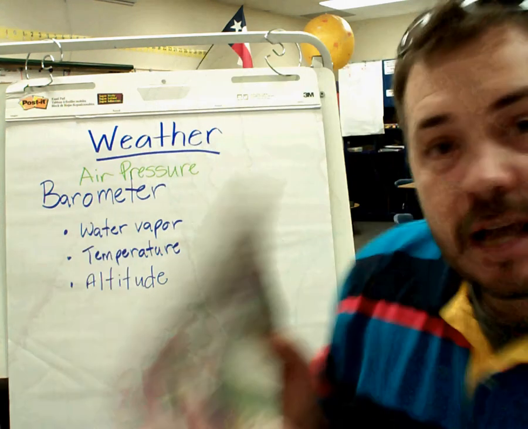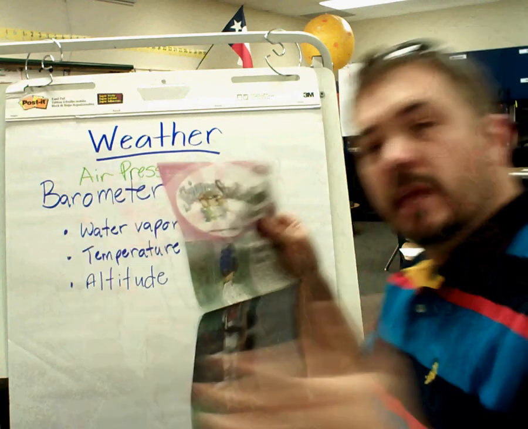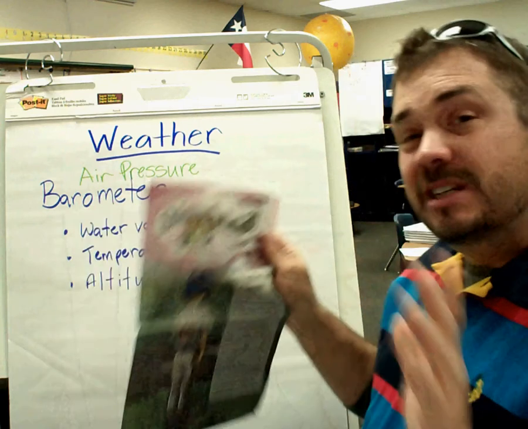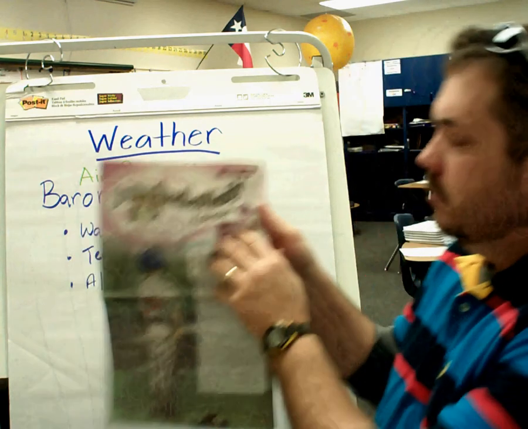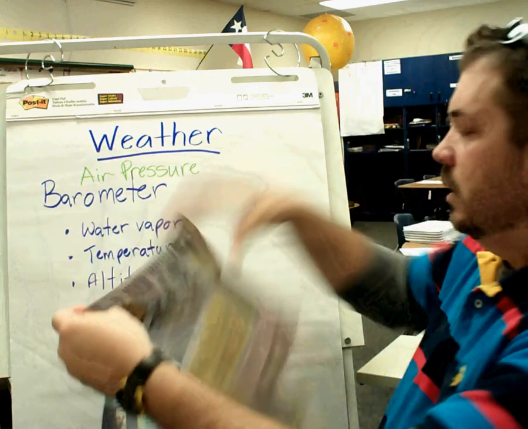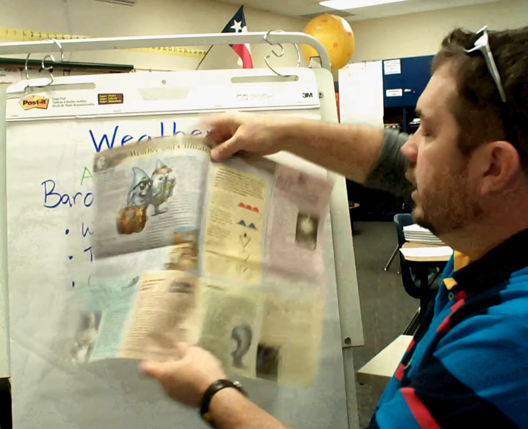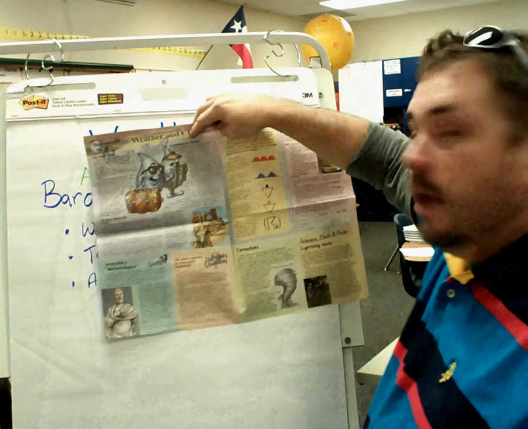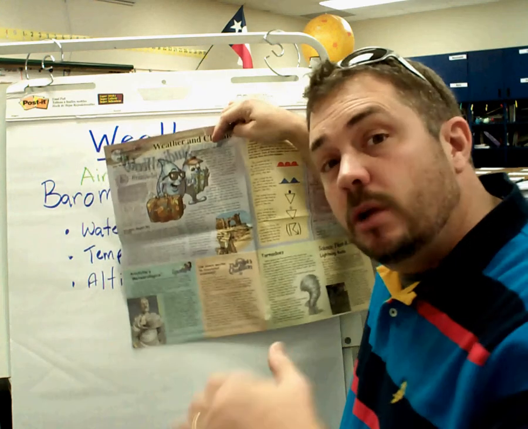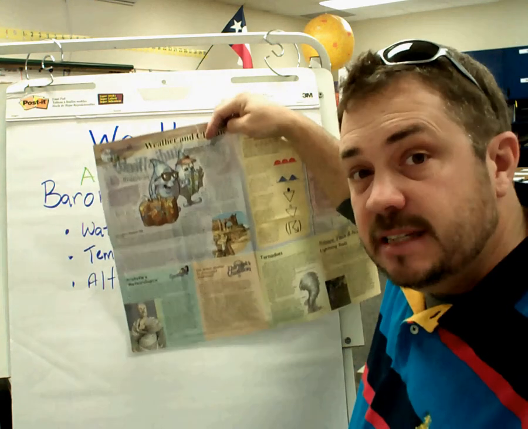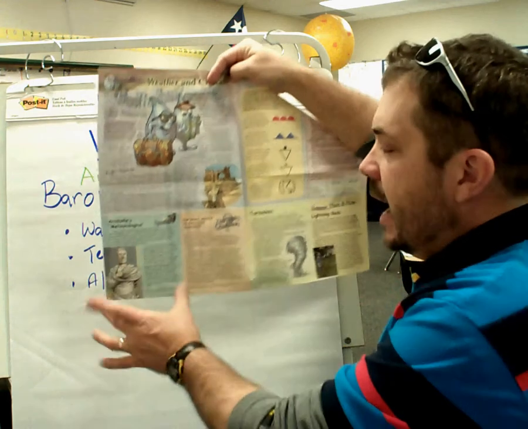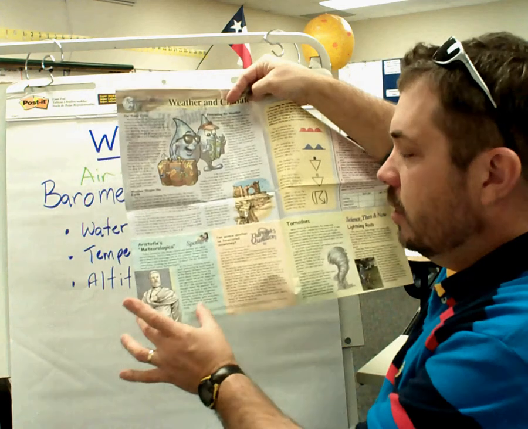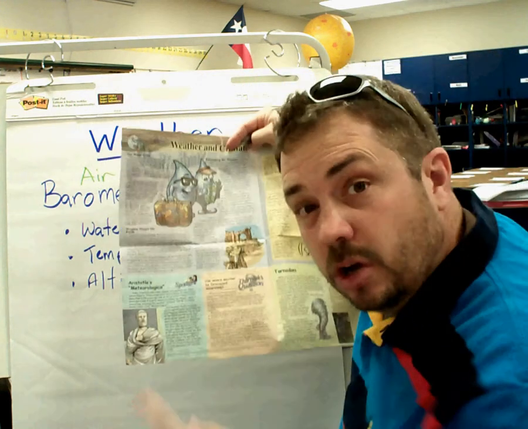Inside your Science Weekly, which everyone should have already gotten, today we're going to work with it. They have a really good article. And don't forget, I'd like all the classes to be able to do this. We have another scientist that we can put on our timeline out in the hallway.